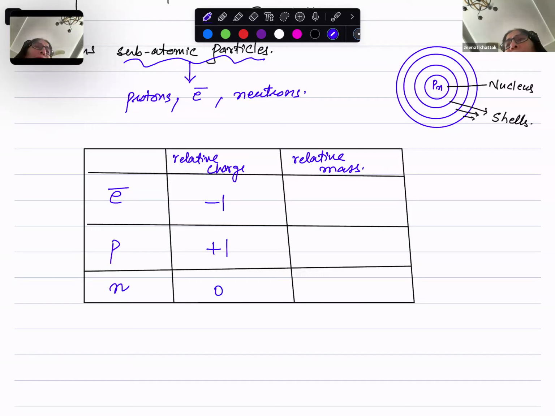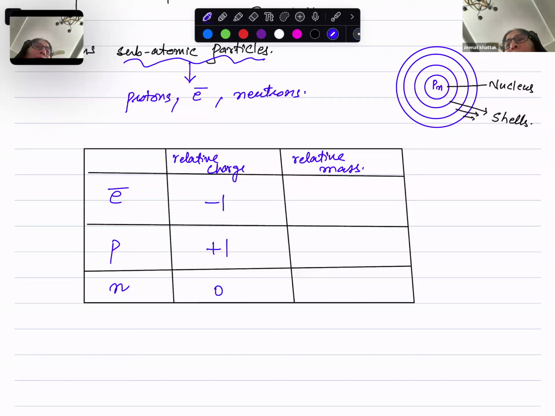No charge, although it is made up of electrons and protons, as the number of electrons is equal to the number of protons. The negative charge is equal to the positive charge. They balance each other. They cancel the effect of each other. Now, next point.